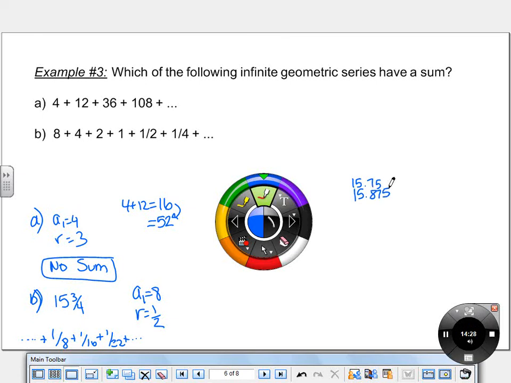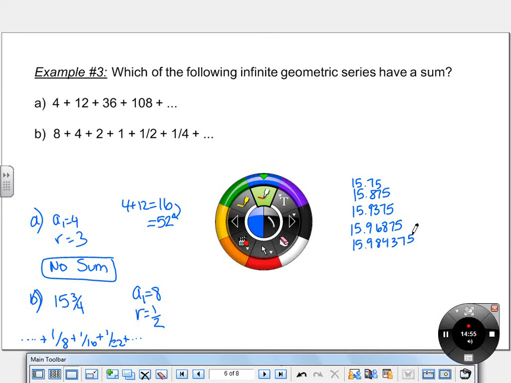Then if I add on to that 1/16, I get 15.9375. And if I add on to that 1/32, I got 15.96875. If I add on to that 1/64, which would be the next term, I get 15.984375.